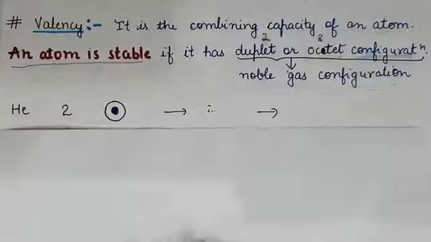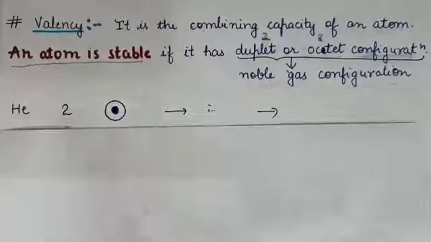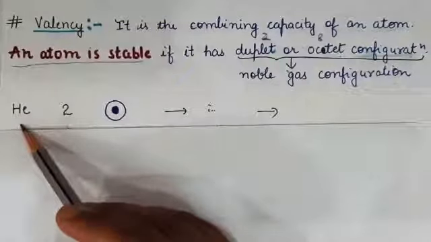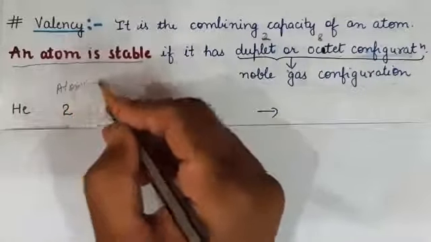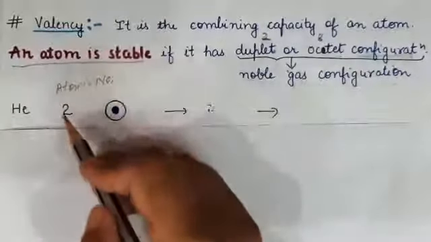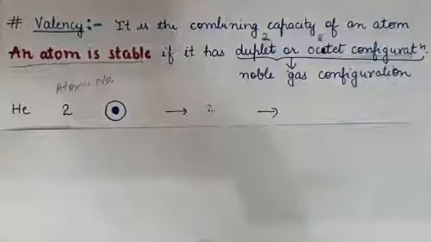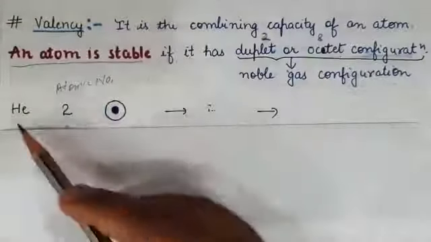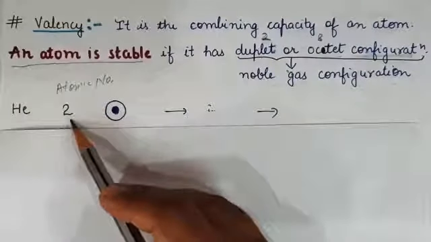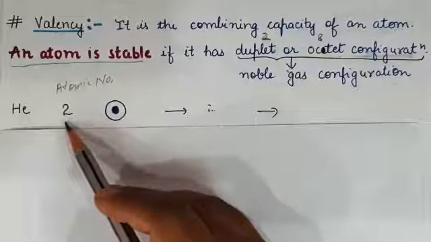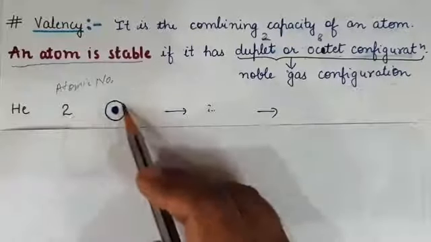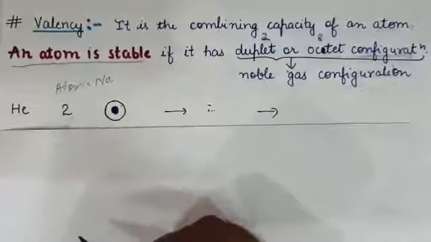Let us take an example. Suppose I take helium. What is the atomic number of helium? It is 2. So let us start filling the electrons. How many electrons will be filled? 2. In the first shell, how many electrons can be held?